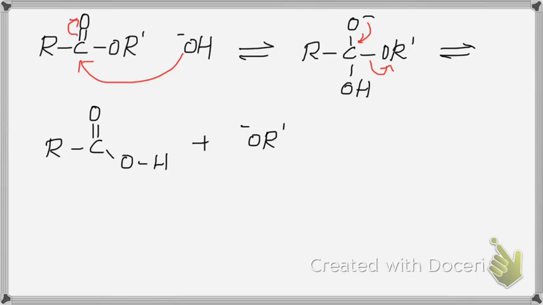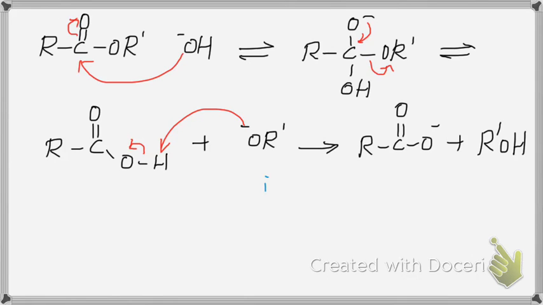And we've learned that alcohols are weaker acids than carboxylic acid. So now we have a stronger acid, carboxylic acid, and a stronger base, the alkoxide of a weaker acid. So a quick acid-base reaction will take place. Alkoxide will grab the proton from the carboxylic acid. The final product will be carboxylate, the conjugate base of the carboxylic acid, and alcohol.